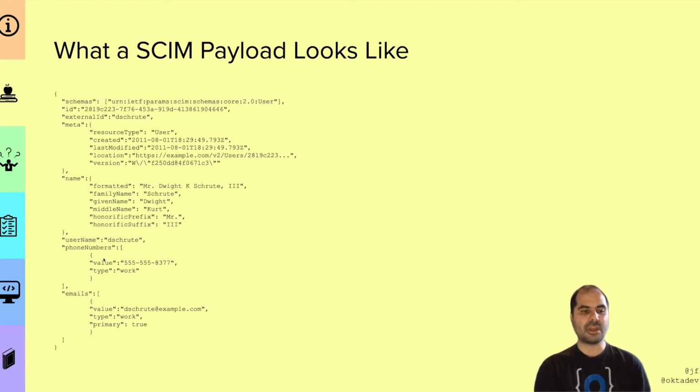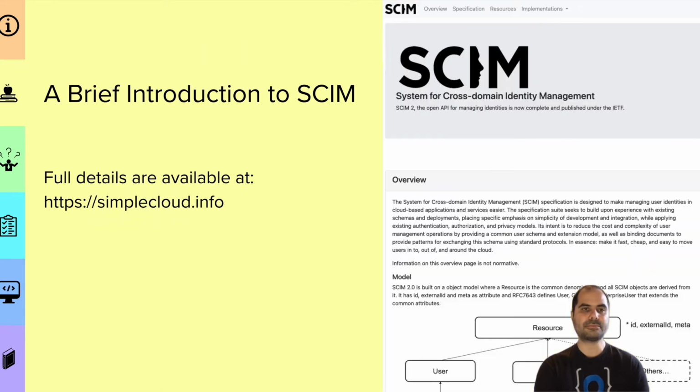Then you've got things like their phone number, their email address, and up here you've got their ID, which is how this system would label that, which in this case is a UUID. I'll explain why you shouldn't use UUIDs and should use XIDs instead. I'll cover that soon. But there's also a thing called an external ID. The system that sent this user over also had its own identifier for the user, and it's helpful to store that as well, and that's part of the SCIM standard.